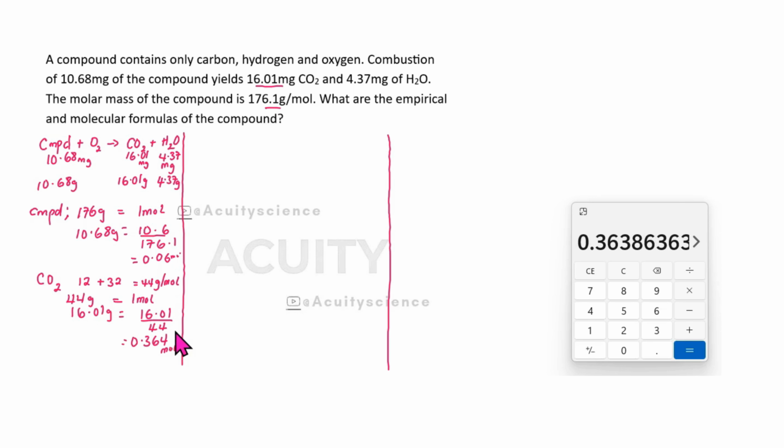So 0.364 mole is what was produced here.